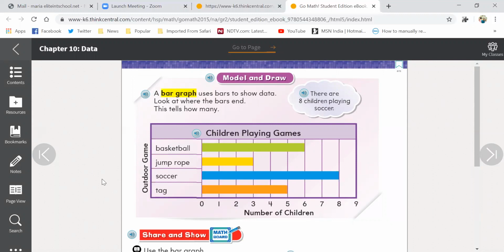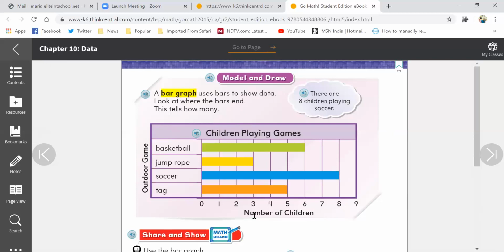Now, I want to quickly remind you once again that the first thing that you will see when you see a graph of any sort is the title, the heading. Who can read for me the title? Very good. It's children playing games. Now, children, in addition to reading the title, always when you see a bar graph or a graph like this, as you go to bigger grades, I want you to also keep your focus on what's written here.